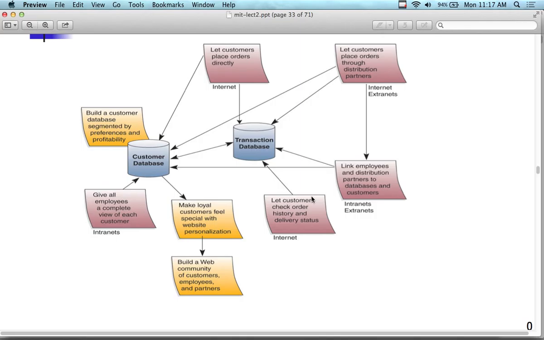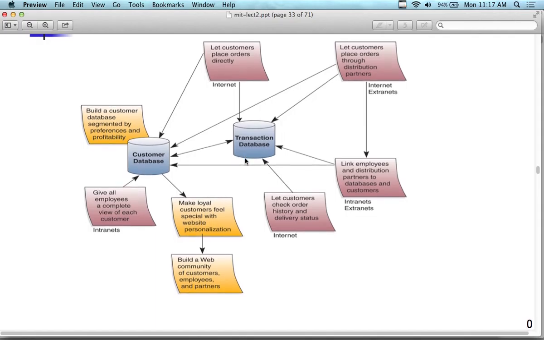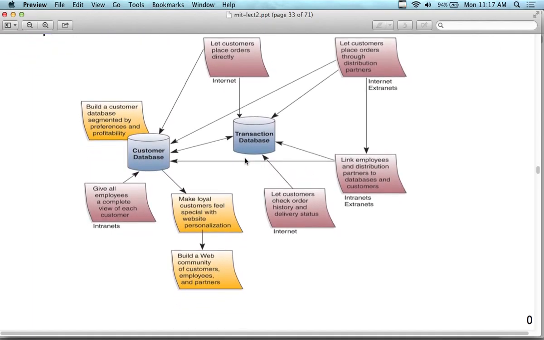But long story short, looking at customer relationship management, what you're looking at is this customer database and this transaction database, which is kind of interesting, because just because you're a customer doesn't necessarily mean you're buying something or having some sort of transaction. Then there are the sources: the internet, the intranet, the extranets, all of the different connections, and the concepts of making somebody loyal, building a web community, or giving all employees a complete view of each customer and what they're about.